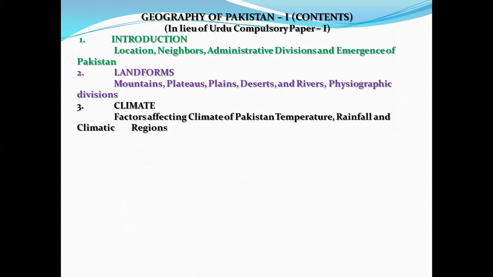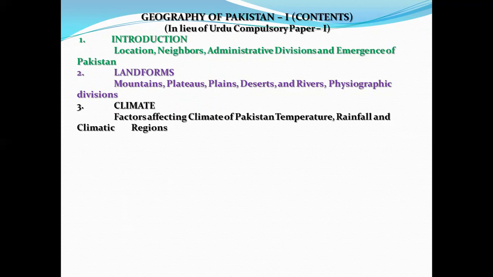The contents of this book are as follows. Chapter number 1, Introduction. In this chapter we will study location of Pakistan, neighbor countries, administrative division and the structures of Pakistan, emergence of the Pakistan.